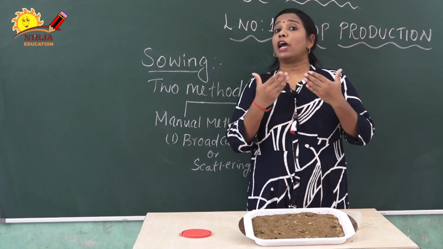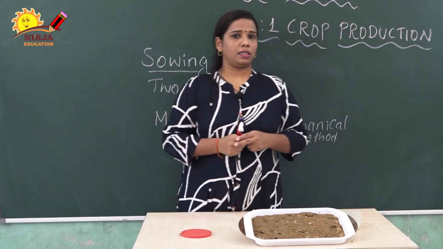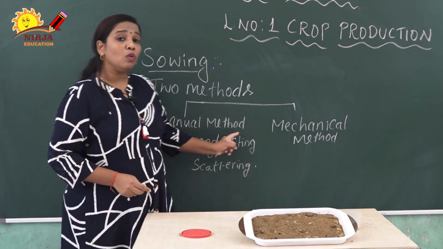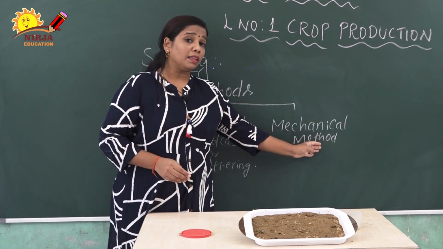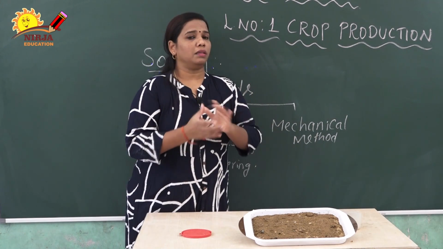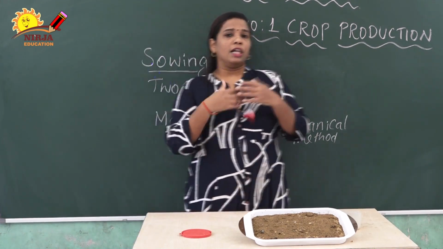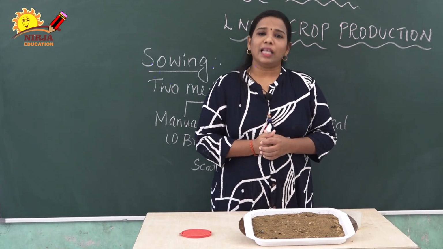Next, how do we do sowing? Sowing can be done by two methods. One method is called the manual method. The second method is called the mechanical method. What is meant by the manual method? The farmers by themselves add the seed on the land.